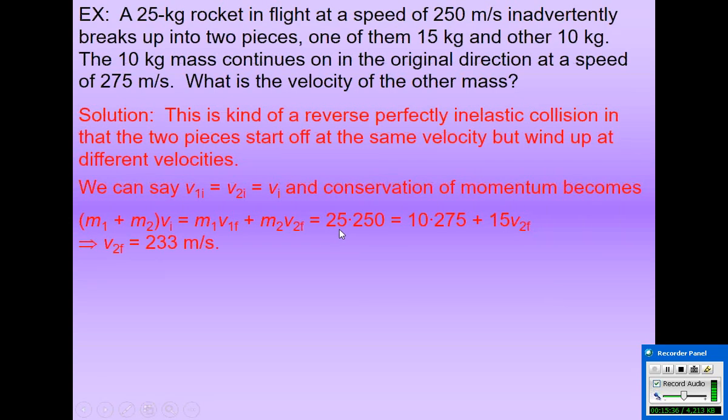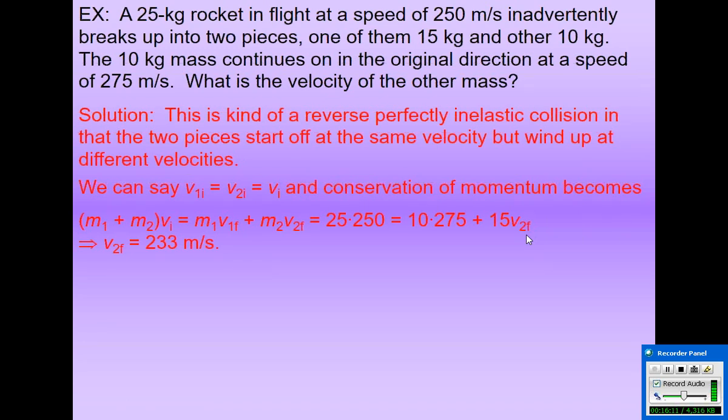M1 is 25. The sum of the masses is 25. M1 plus M2 is 25, and V initial is 250. On the other side of the equation, M1 is 10, and it has a speed of 275. The second one I'm saying is 15 kilograms, and it has this unknown speed of V2 final. Now, again, we should have a preconception of what to expect.